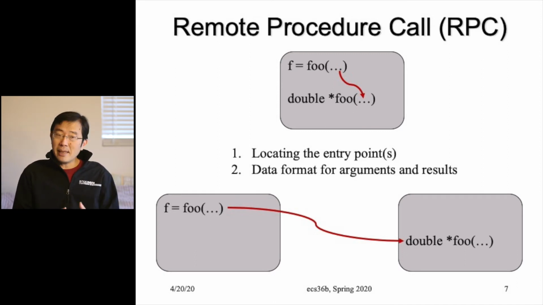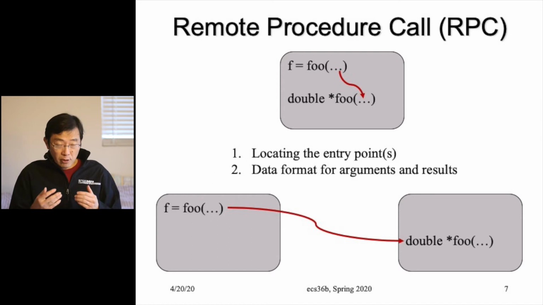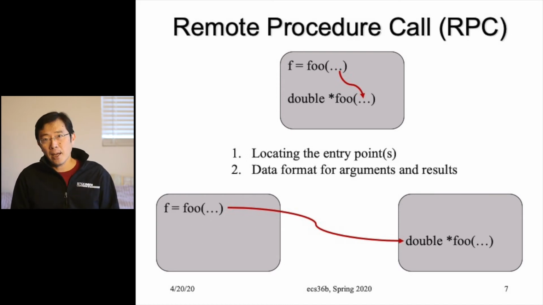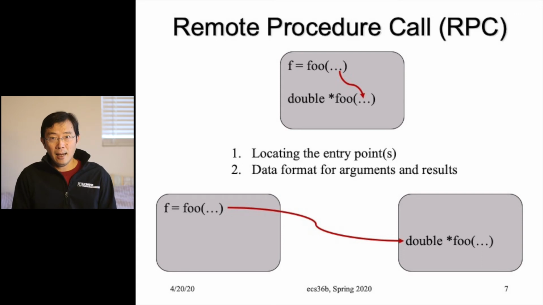And then in the middle you have communication. It looks as if you're doing a local procedure call in the upper part, and then in fact you're doing the scenario in the bottom of this slide, where the left side is calling the right side, while left and right are actually on totally different corners of the internet.